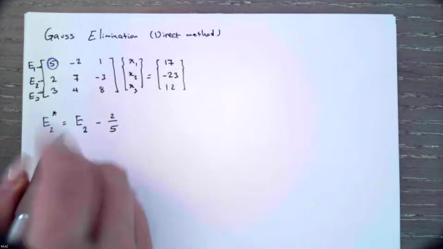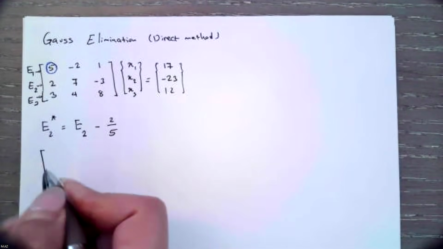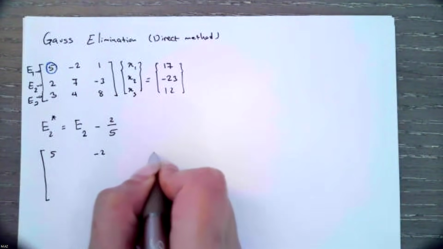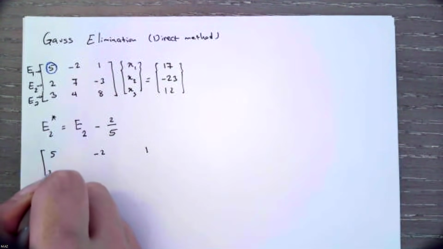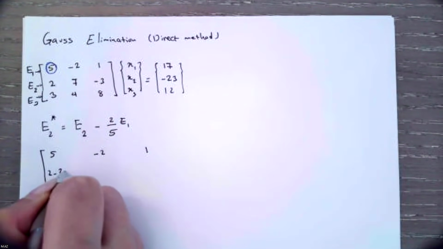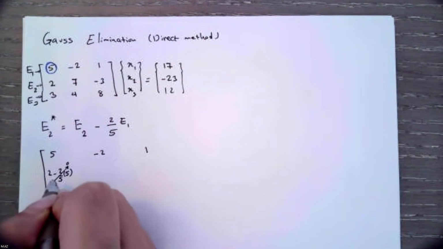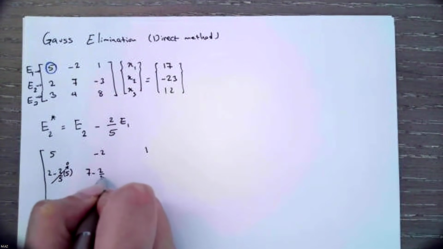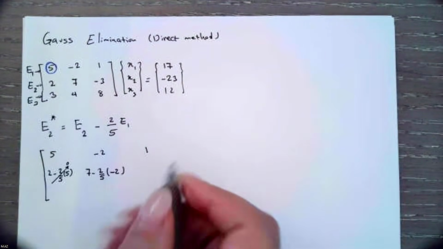Now, once we apply it to equation 2, we have 2 minus 5 times 5, that is turned to the 0. This is the next element. And this is about the third element.